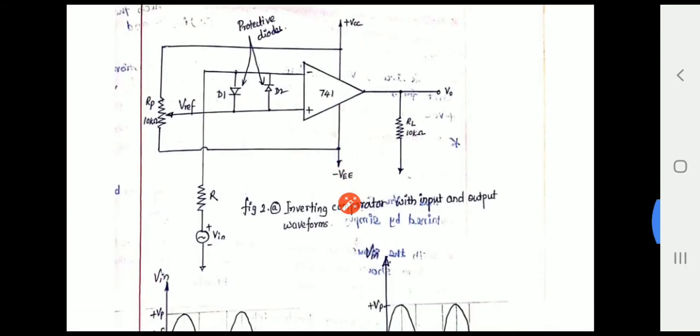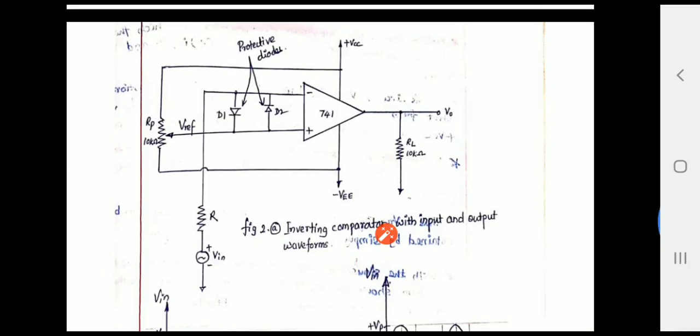Similarly, you can discuss it for the inverting comparator. The only change is that Vin is applied to the inverting terminal, and the plus terminal, that is the non-inverting terminal, is connected to the reference voltage. But there is one change here. Instead of connecting V reference directly, it is connected to a 10 kilo ohm pot.